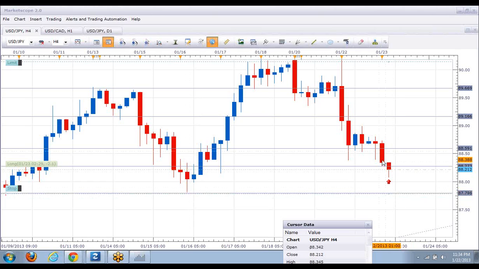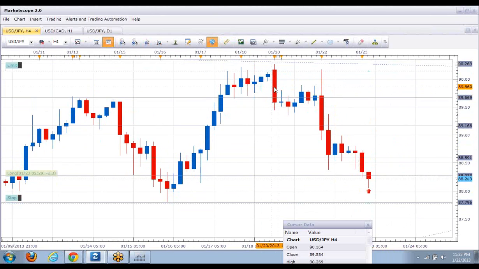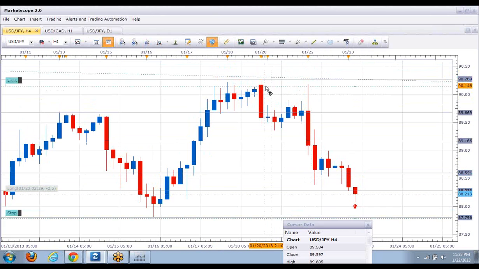So I'm willing to risk the 38 pips that is measured here. It was about 38 pips when I went in, and to the upside, I'm targeting the top of this formation, this uptrend, so I'll be targeting up here to go long.